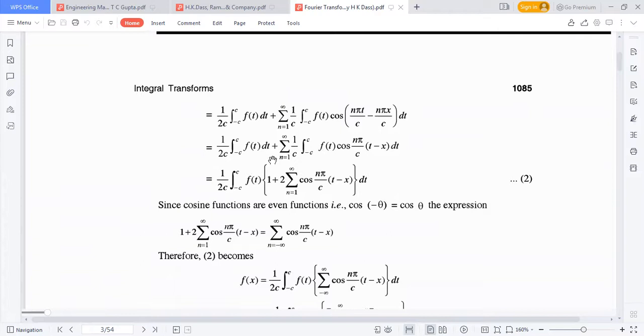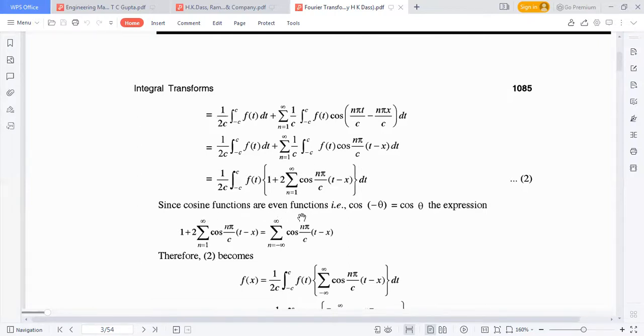So f of t will be another common factor from these two terms. Then we get 1 plus 2 into, because we are introducing 2, why? Because we have taken 1 by 2 as common. If we multiply with these 2, the 2 will be cancelled. We get only 1 by c. So we get this series.